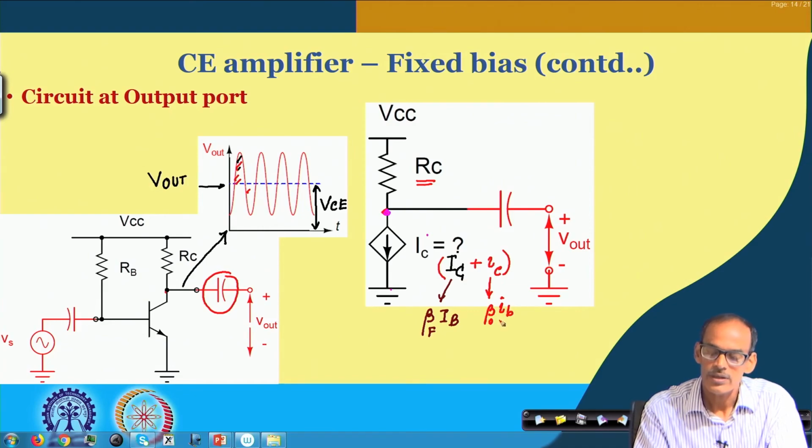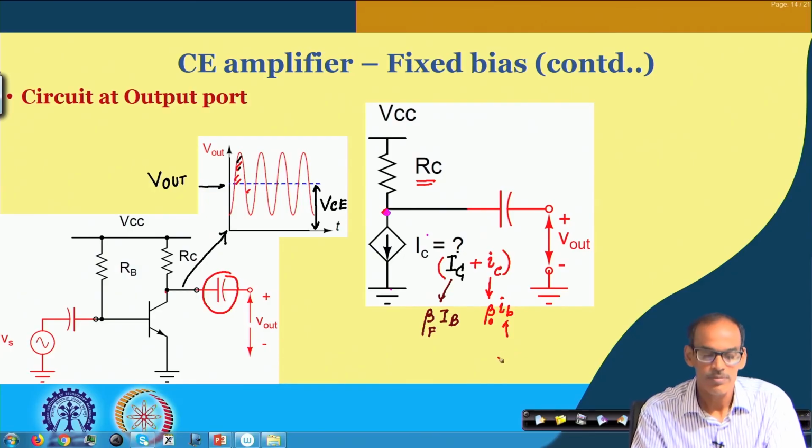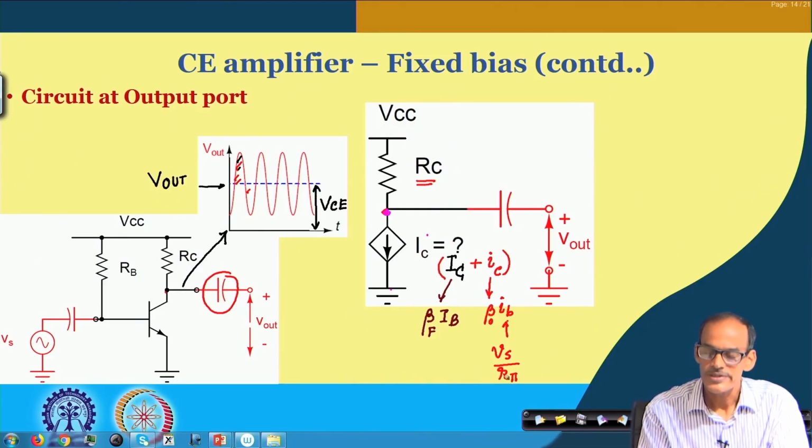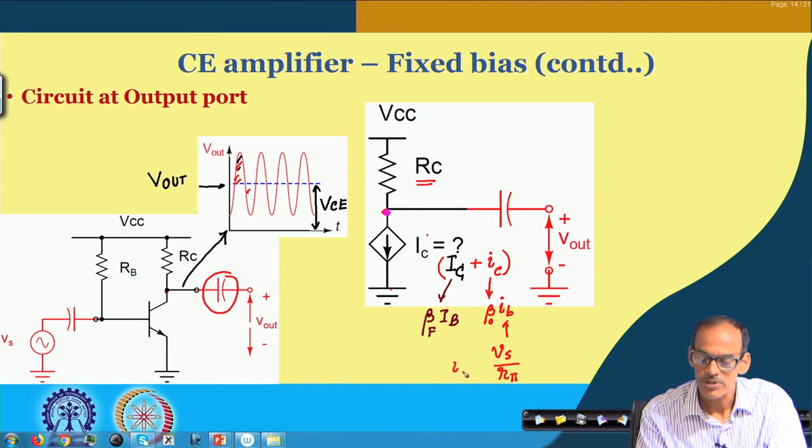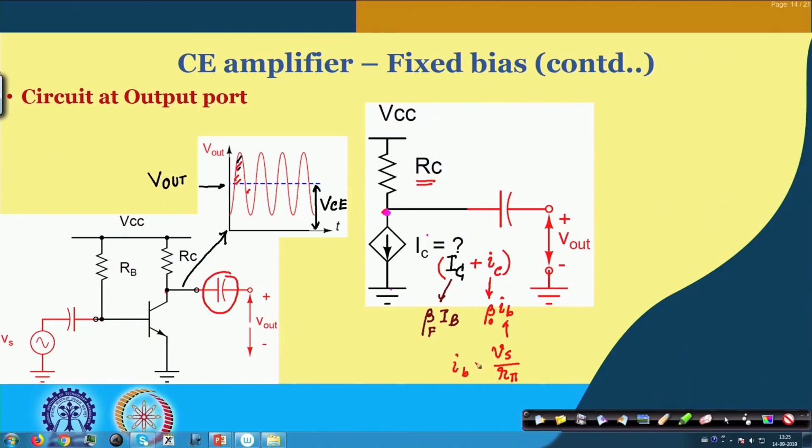On the other hand, the small signal current here is beta multiplied by I B, and this I B is essentially coming from Vs divided by R pi. We will see this pretty soon, but just to say that the current flow here has a DC component and a small signal component.